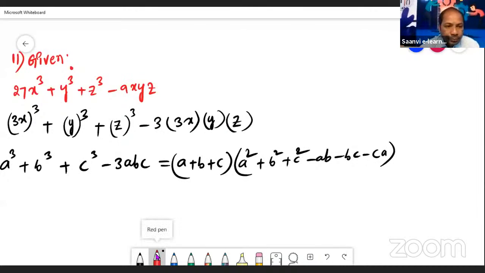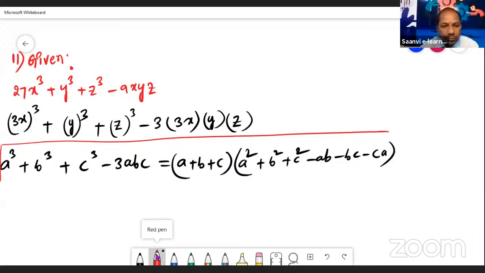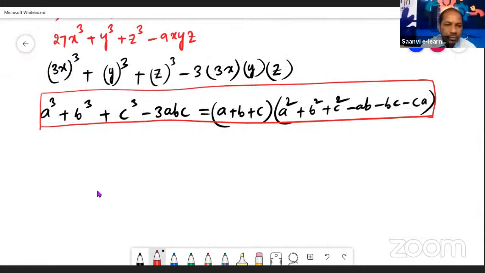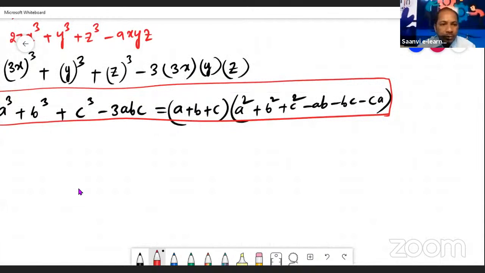So now, okay, children, this is the formula. So now compare the values here.